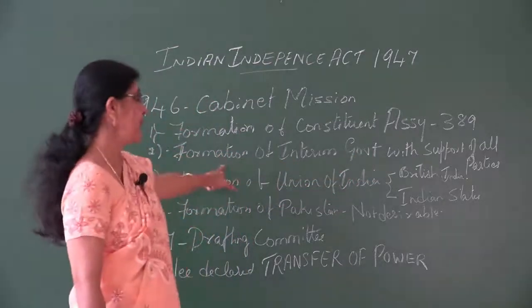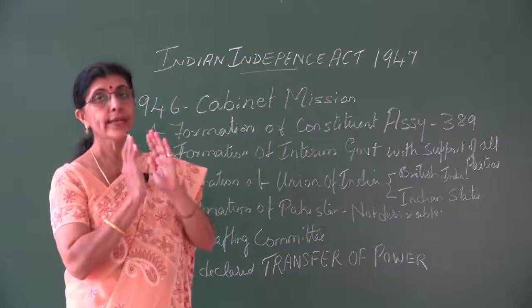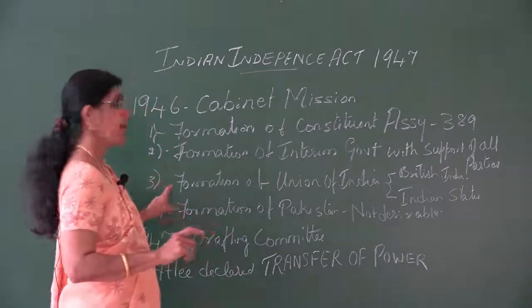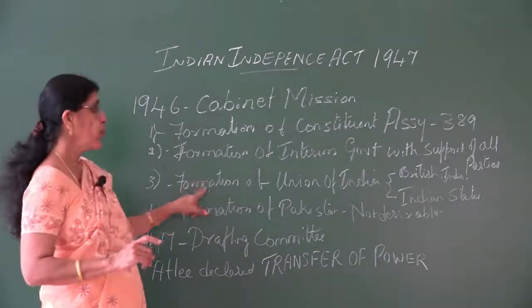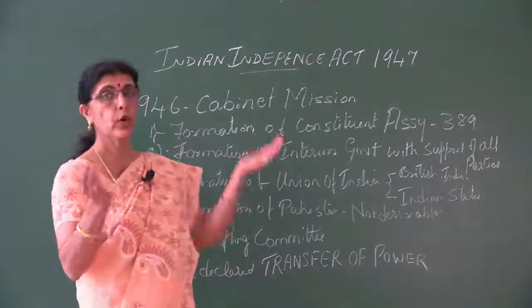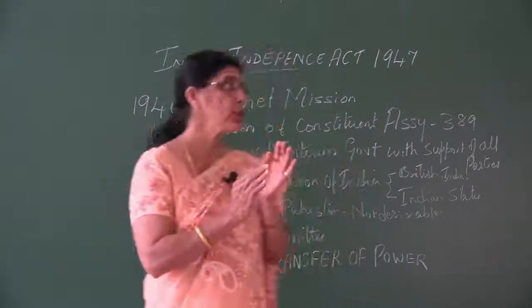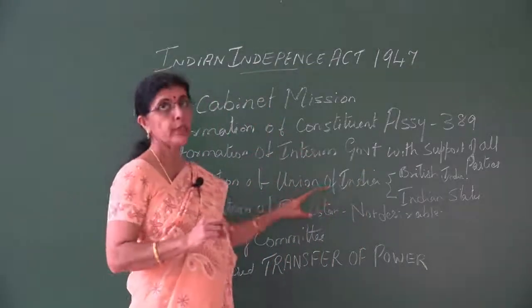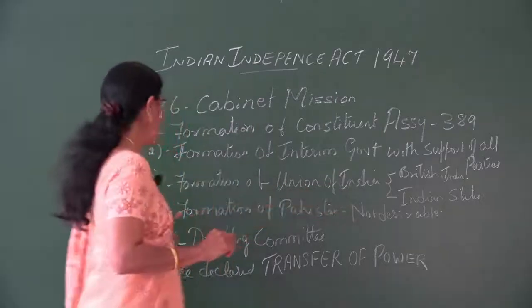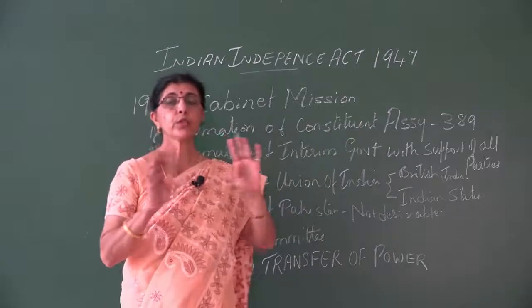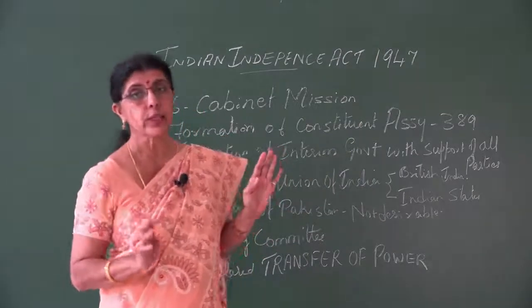An interim government is only as an interval; for the interval period, there will be a small temporary government. Third, formation of Union of India. All the states of British India as well as the Indian states had to come together and form the Union of India. And the next suggestion was the formation of Pakistan, which was not desirable at all.